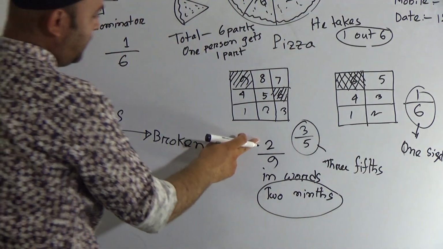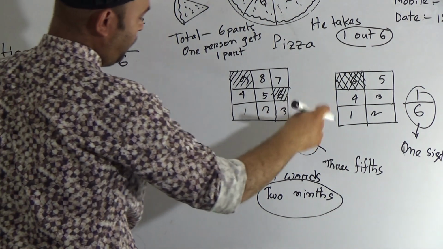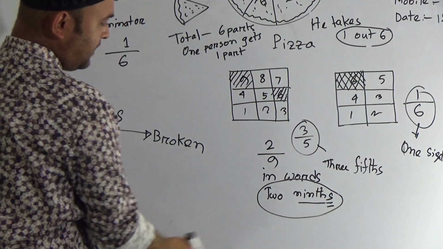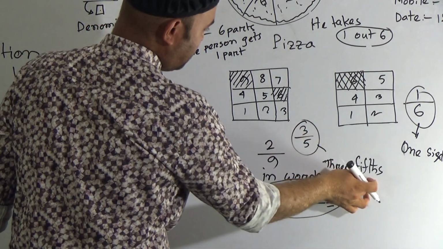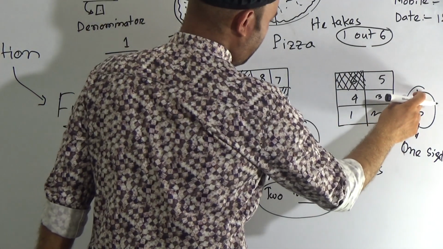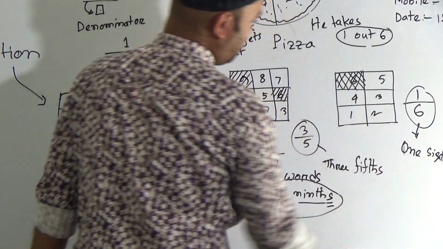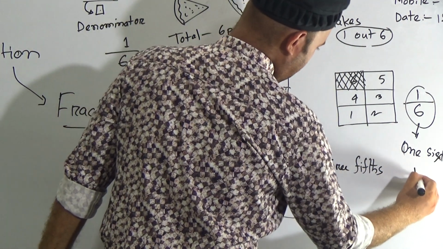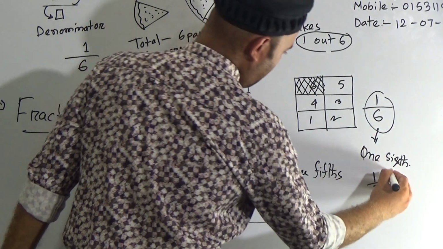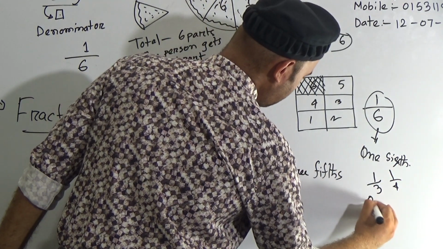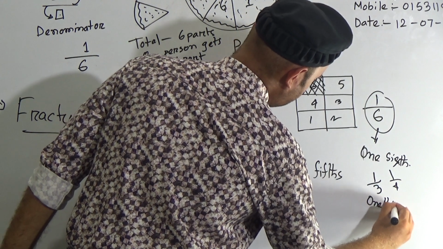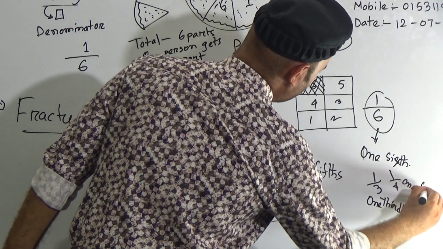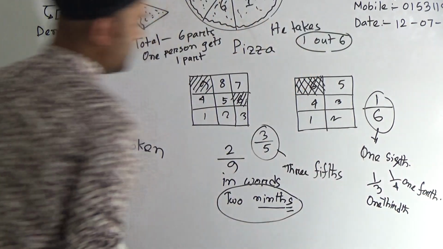Look here. When the numerator is more than 1, like 2, 3, 4, 5, 6, etc., then an s will be added to the next word, that is 2 nines, 3 fifths. But if the numerator is 1, there is no need to add s with the next word. That means it is 1 sixth, 1 third, 1 fourth.